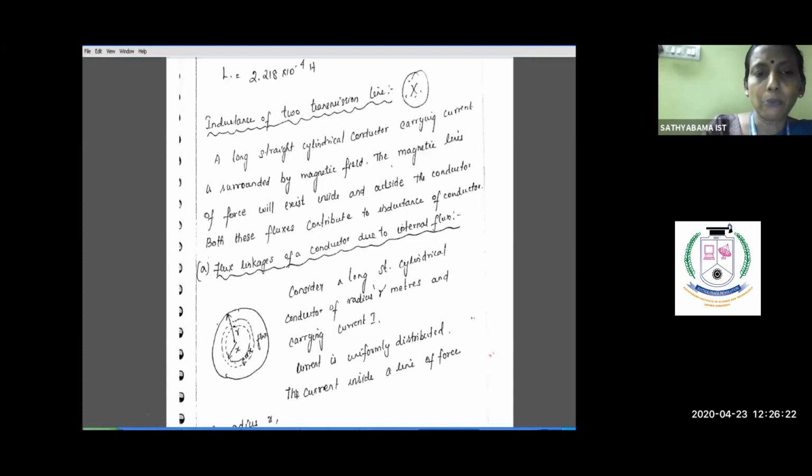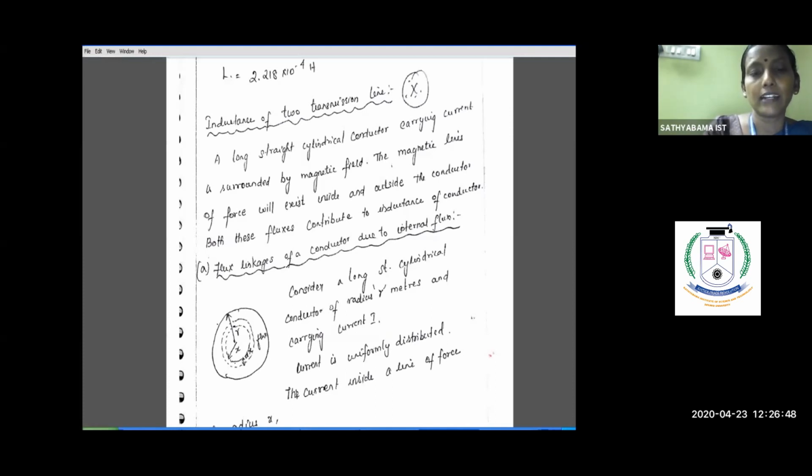So we have to find the current passing within the circle of radius x, because we know that the current carried by the entire conductor is I, capital I here. But we don't know the current that is passing through the Ampere loop of radius x here. So for that, I told you in the third unit also, we have to consider one assumption.